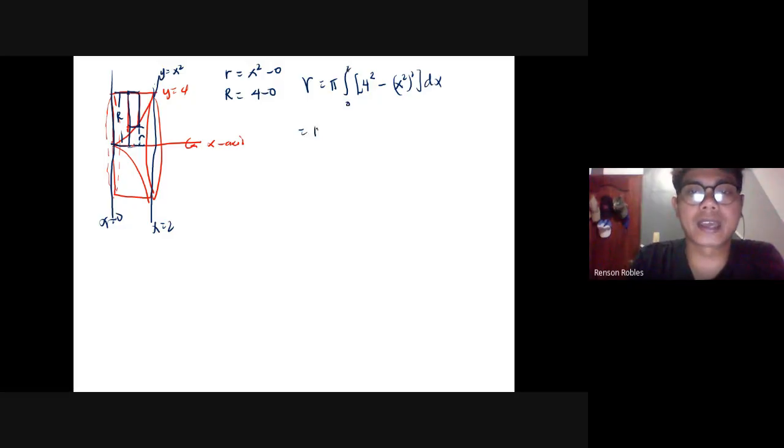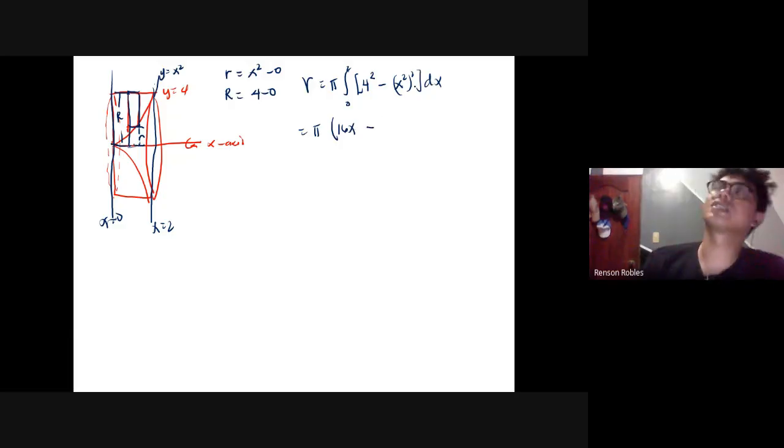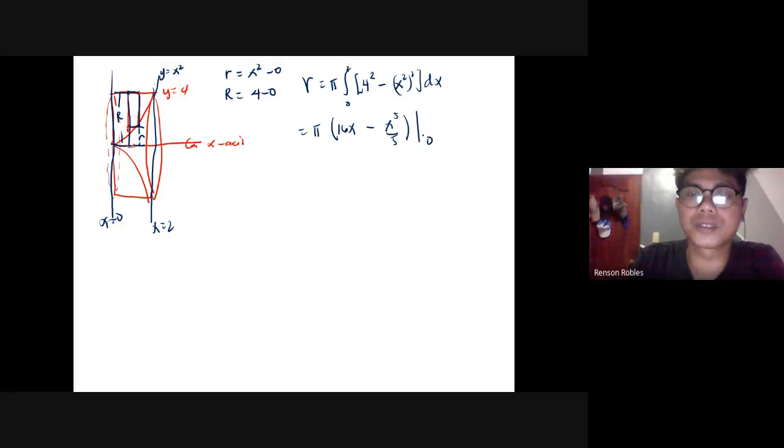So you have pi, 4 squared is 16, integrate 16x minus x squared is x to the 4, integrate x to the 5 over 5 from 0 to 2. So you have pi, 32, that's 16 times 2, minus 32 over 5.